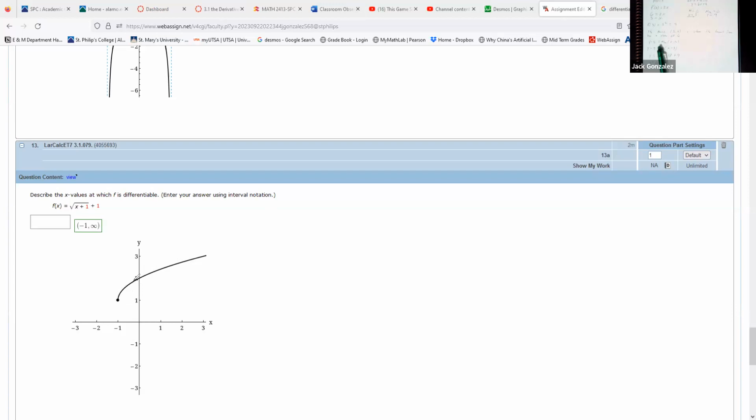Do you see any points of discontinuity on this graph here? There's no holes, right? No asymptotes. There are no issues with this graph. So it's continuous everywhere, which means we're differentiable everywhere. Does that make sense?